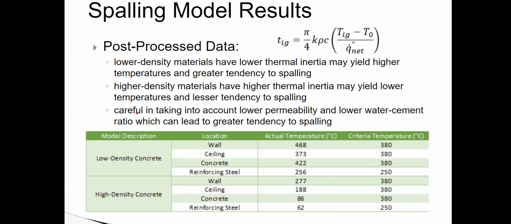But as I mentioned here, the lower your permeability, if you take that into account, and your water cement ratio, then you're going to get a greater tendency to spalling. And because you have a brittle material, there's less moisture in your cross section.